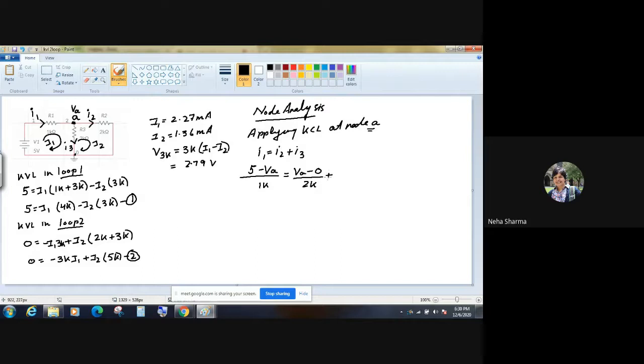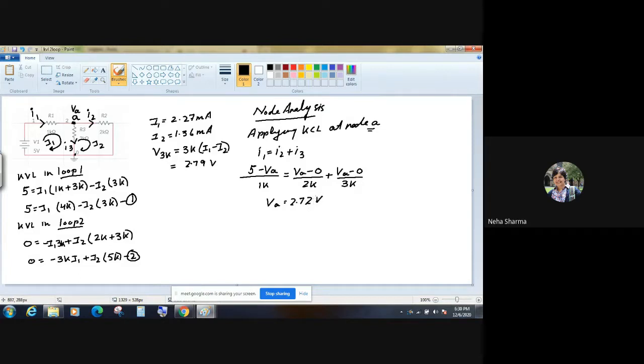I3 will be given by plus VA minus 0 divided by 3K. And here we solve for VA, because VA is the only unknown which is here. If you solve for VA, then you will get VA as 2.72 volts.